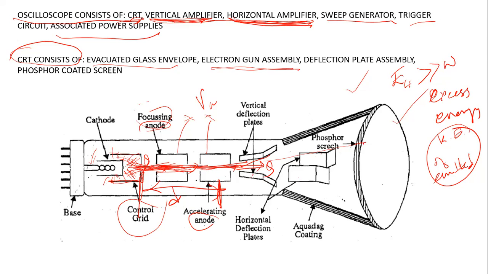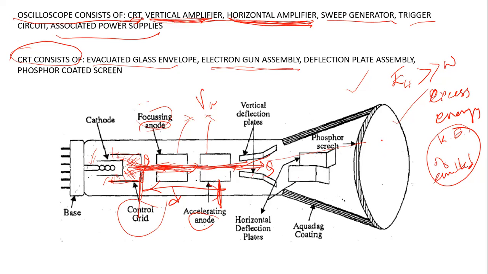When free electrons strike this phosphor material, there is an inelastic collision. Inelastic collision means energy is transferred from the electron to the phosphor screen. And wherever the electron strikes, the phosphor material will emit light.